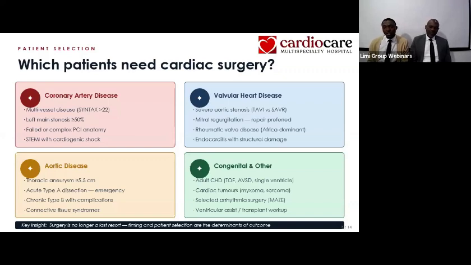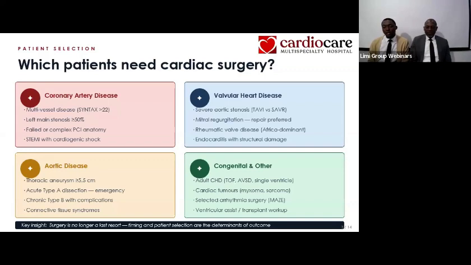Moving to the congenital, we have adults with congenital heart disease, like tetralogy of Fallot, atrioventricular septal defect, and single ventricle, where they have to be assessed to know if they are fit for surgery. We have cardiac tumors, the major one being the myxoma.